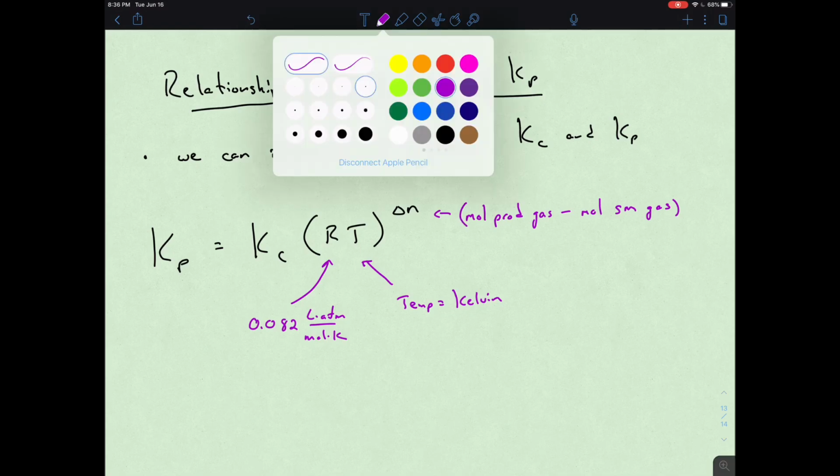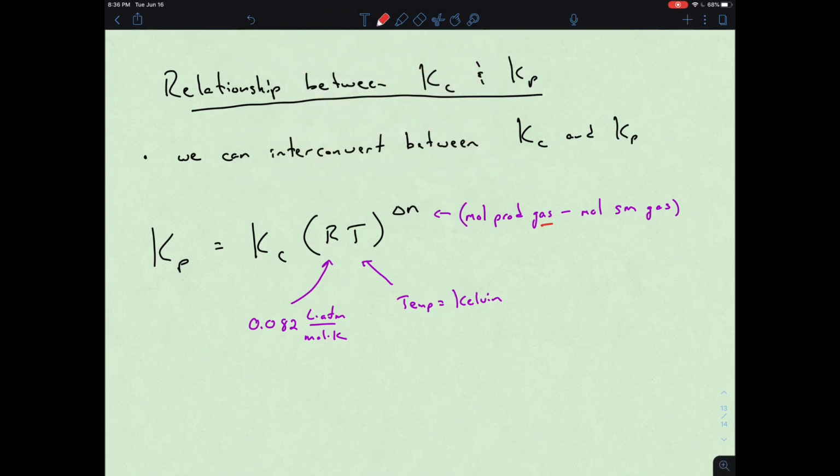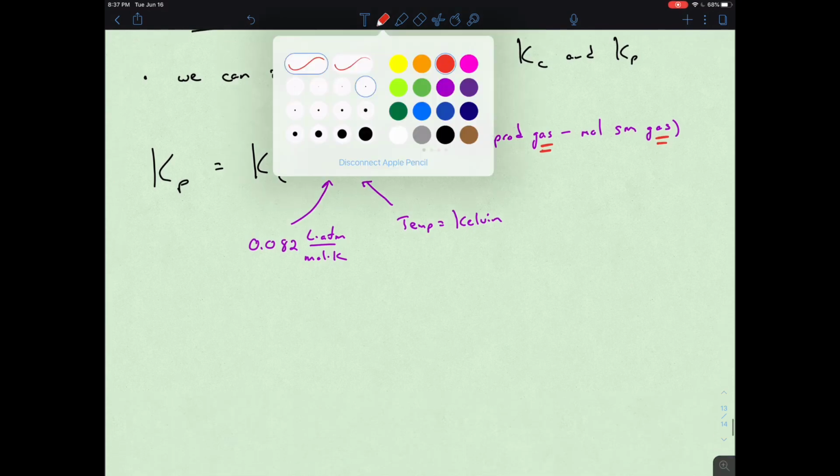What's really important there is the phase that we're looking at. A lot of students just latch on to moles minus moles, but it's a particular phase of those moles. It has to be in the gas phase. So that's the equation.